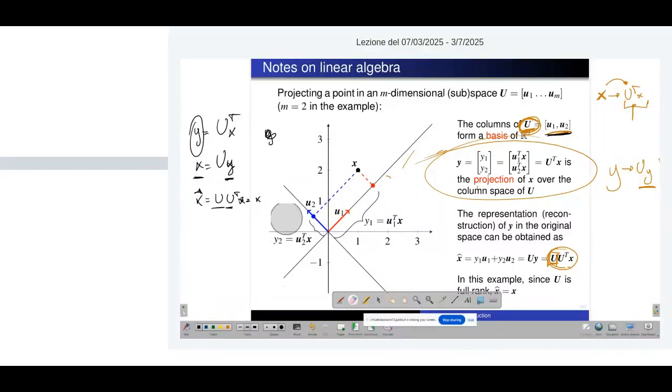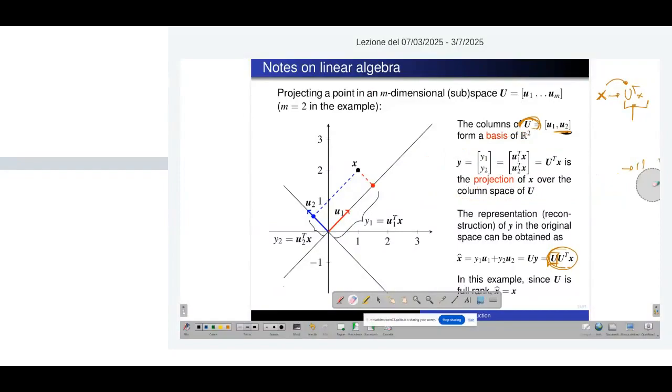And it's interesting to note that if U is full rank and I apply the transformation, I can see it as a change of coordinates. But something interesting happens if I take the new coordinates and use them as if they were coordinates of samples in the original space.